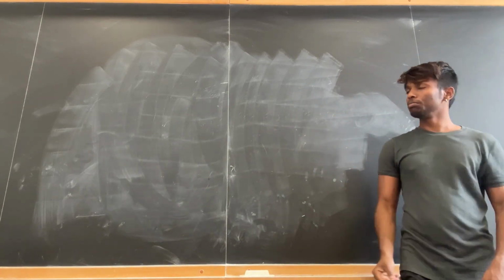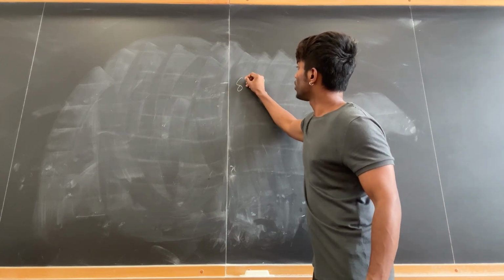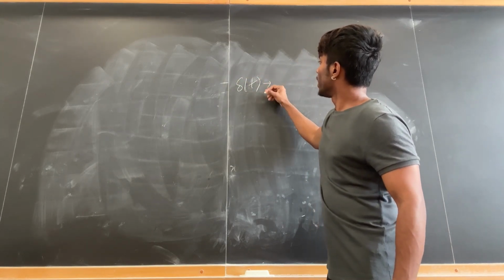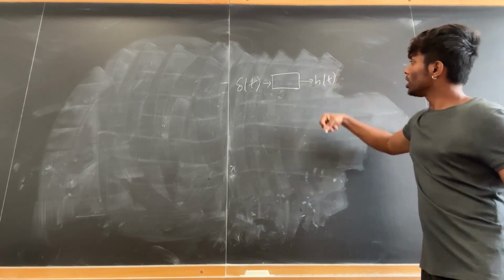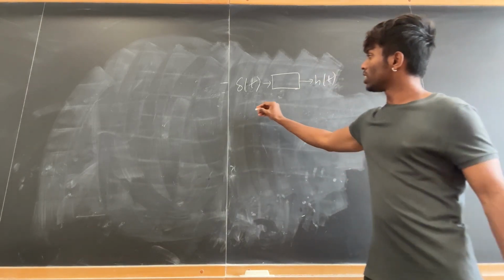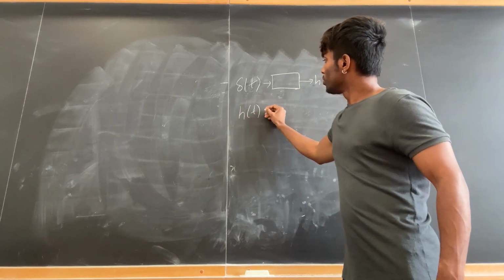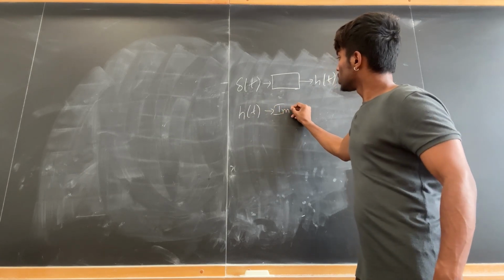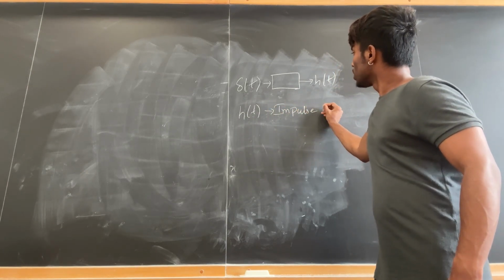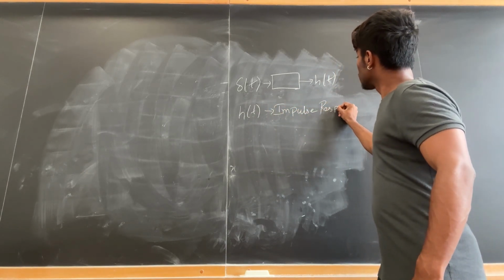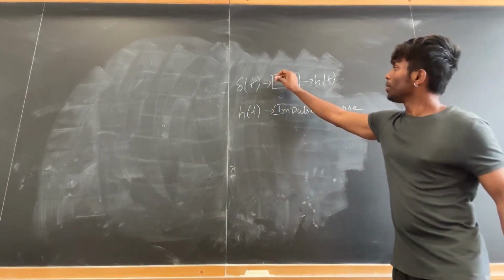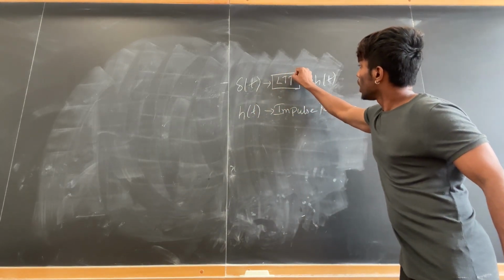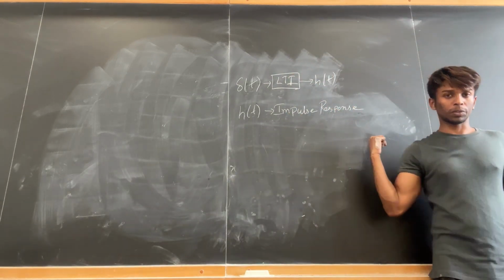So if the input to the system is a Dirac delta function, delta(t), and the output of the system is basically h(t), we call this output h(t) the impulse response of the system. h(t) is the impulse response of the system, because with an impulse input to the system, the LTI system has an output of h(t), which is the impulse response.